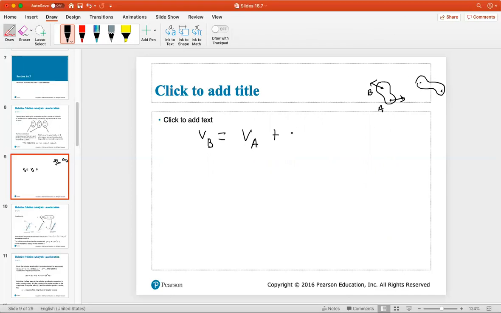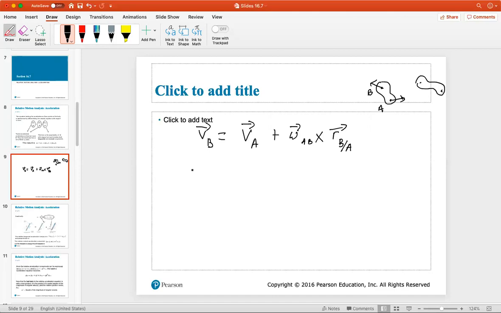And we know that the form of a rotation would be omega AB cross the relative vector R, the position of B relative to A. And these are all vector equations. Remember, rotational vectors point along the third direction. So in the XY plane, all of the angular vectors are pointing in the Z direction. Okay, so this was our formula for relative velocity.